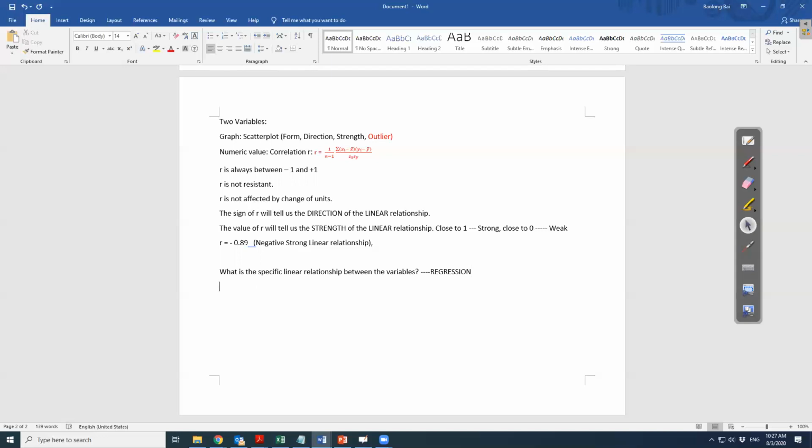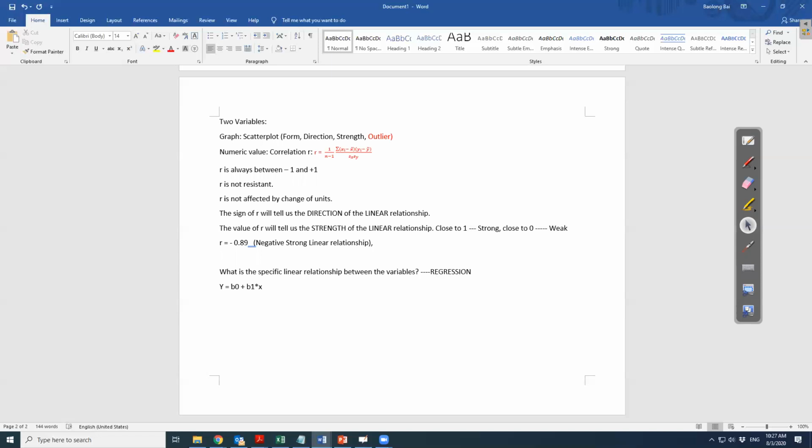Okay, so if you have a linear relationship, the general form will be y equal to b0 plus b1 times x. For any linear relationship, you have two parameters or coefficients, slope and intercept. It's the same form as what you learned in math class, y equal to mx plus b, right?